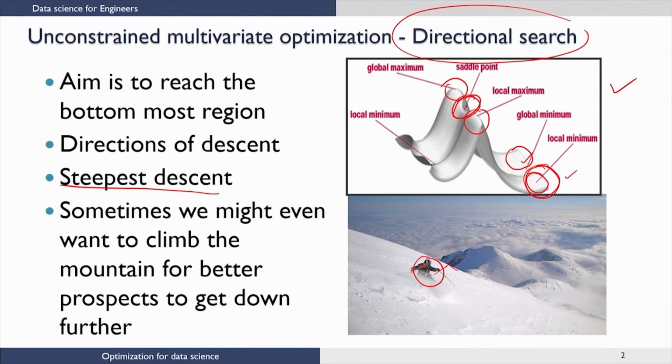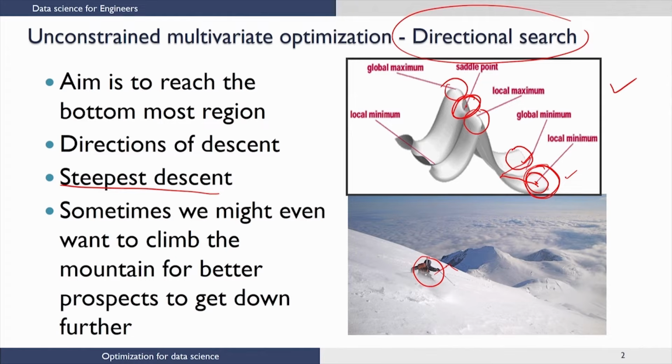The only way to get to the global minimum, if you are here, is to really climb up a little more and then find directions, and maybe you will find another direction which takes you here. In some cases we might construct these optimization algorithms in such a way that you might actually make your objective function worse in the interim, looking for better solutions than your local optimum solution. So, that is what we have written here.